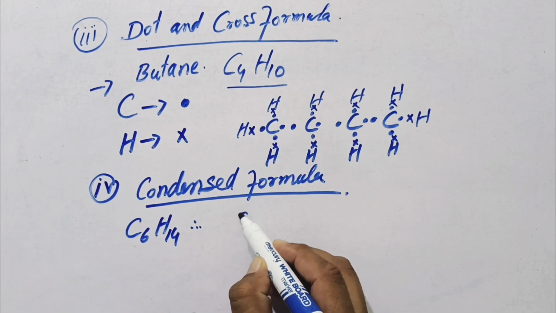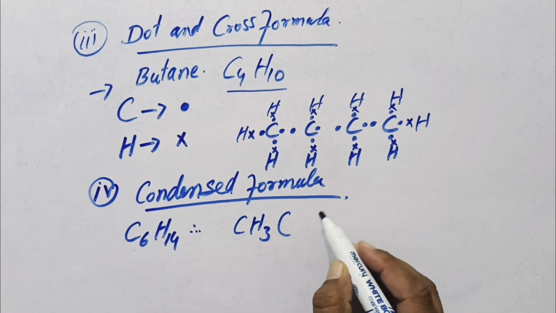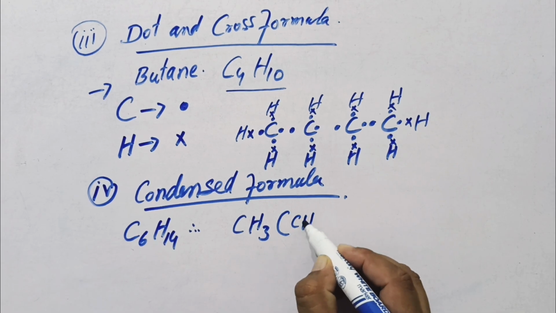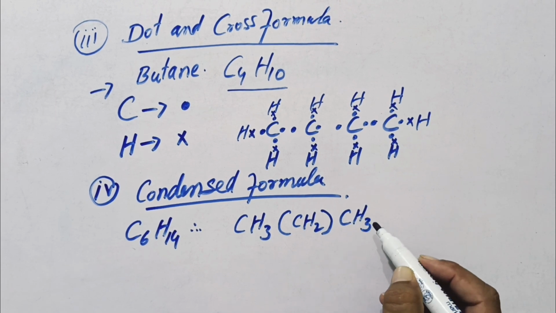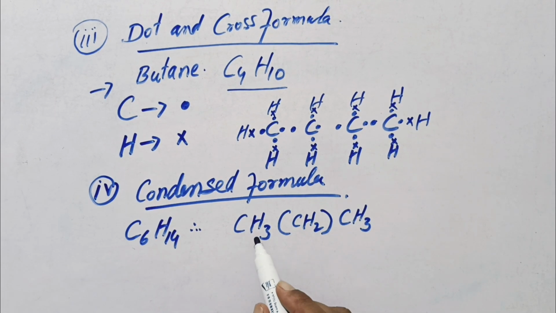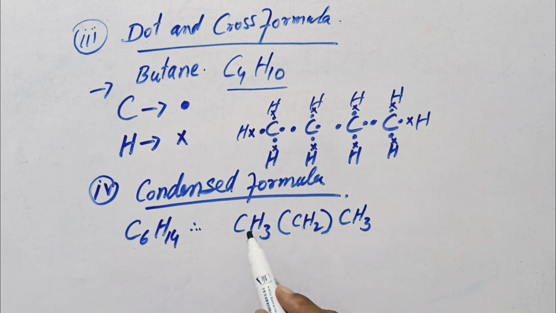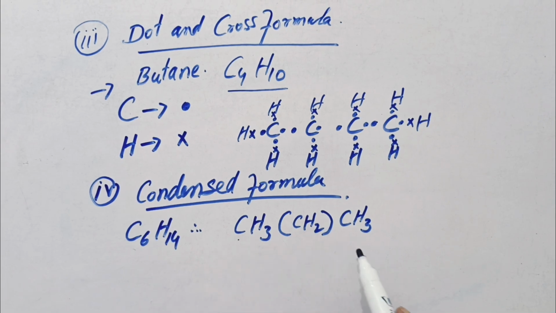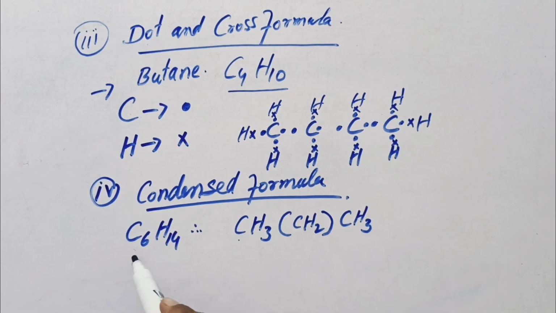First we write the methyl group, then we take a small bracket, and in the small bracket we write CH2, and then we write the methyl group, that is CH3. So in this structure we have 2 carbon atoms outside the small bracket, that is 1 carbon and 2 carbon, and in the small bracket we write CH2. Then how many carbon atoms are needed for completing the hexane?